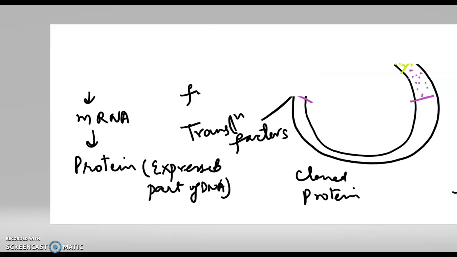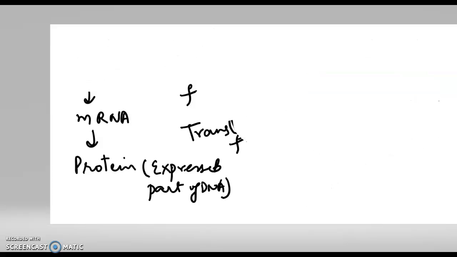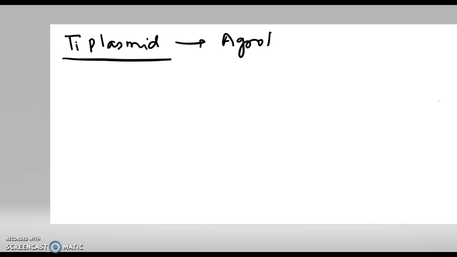Then there is one more plasmid vector which can be used in different cloning experiments, and that is the Ti plasmid. The Ti plasmid is taken from the bacterium Agrobacterium tumefaciens.